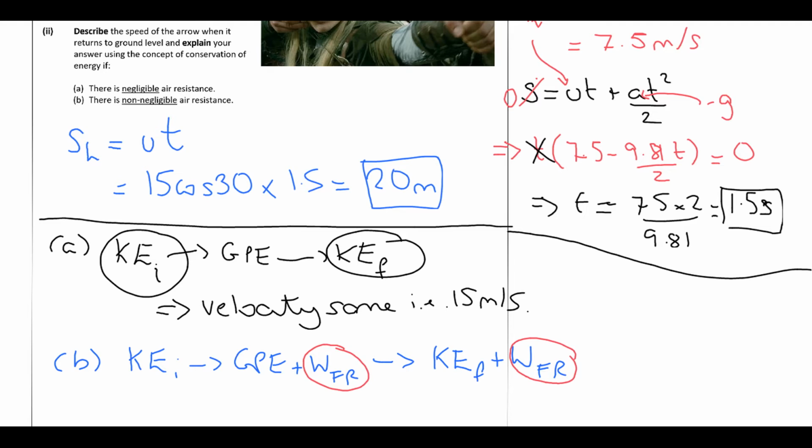So the final kinetic energy is going to be smaller, so the velocity would be smaller than 15. That's how you describe its velocity, and the explanation is that some energy is going to be transferred to the surroundings, reducing the total energy available to be kinetic energy. Okay, so let's move on to a more complicated example.